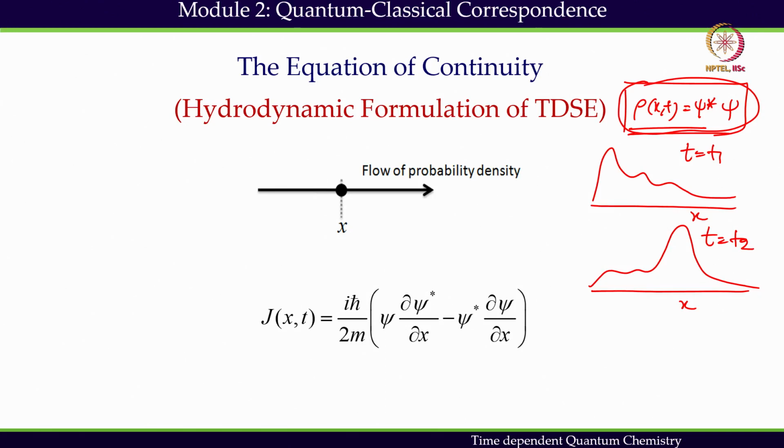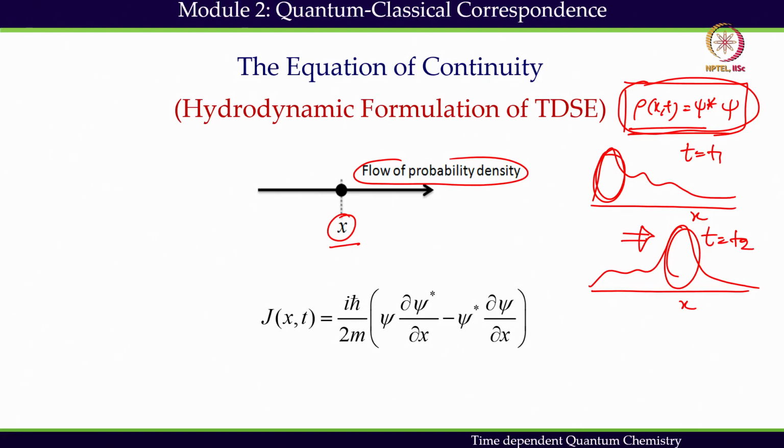One can say that it is as if probability is flowing through space, because probability density has changed. The maximum density was here, now the maximum density is here. So this has changed the position, as if probability is flowing through the x space or the position space.